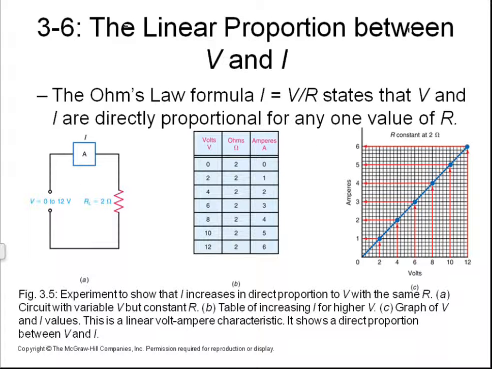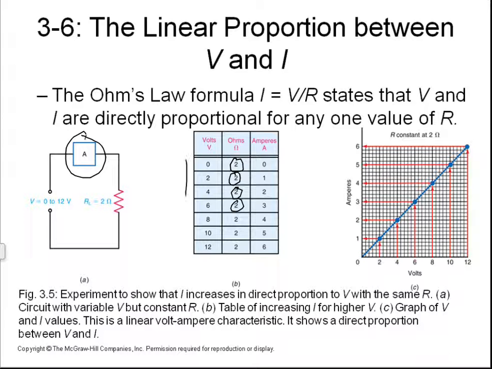Alright, going back to the proportionality. Here's a graphic that is stating exactly what I said. Here's your circuit. In this circuit, I've got a current meter installed, so I can read what the current is. And at all times, we're talking 2 ohms of resistance.